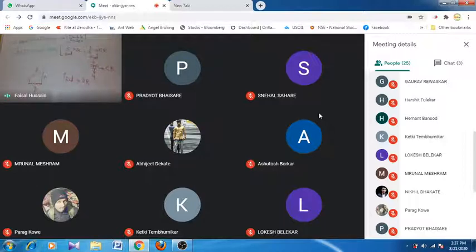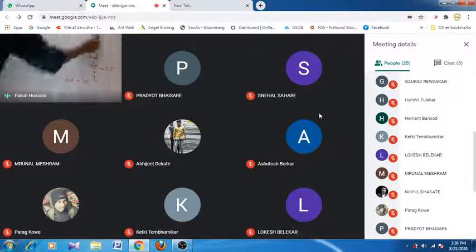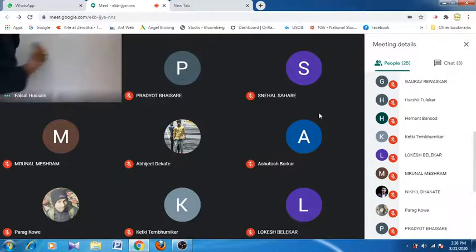So for example, let us take a question. In a 4-bar mechanism, let us draw a 4-bar. In a 4-bar mechanism, there are 4 lengths of links. This will be your problem number 4.